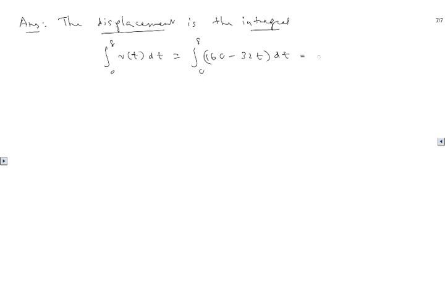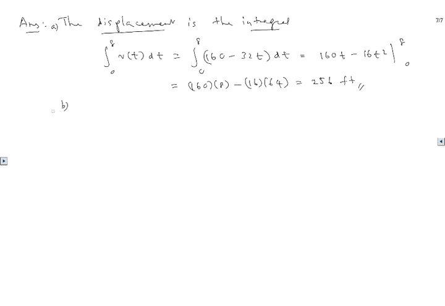If you integrate this, you get 160t minus, what's the integral of 32t? It is 32t squared over 2, that means 16t squared. Now we can evaluate at 8 and 0. If you plug in 8, you get 160 times 8 minus 16 times 64. You simplify, and you get 256 feet.